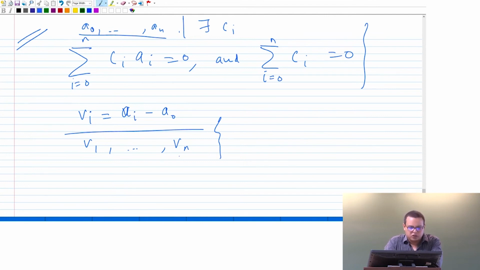So, I will give you one connection. Let us say they are dependent. What does that mean? Simply, there exist some constants di, not all 0, such that summation di Vi is equal to 0.